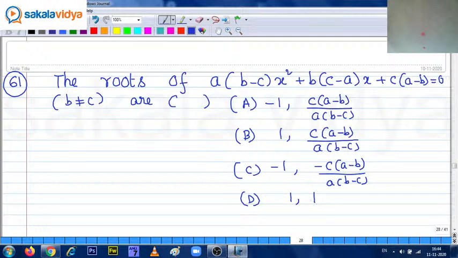Option B, Soni. Bedadi Sai Kumar, correct. I explained the super trick to you: 1 comma product of the roots. Just write down. That's all. Naveen, correct.